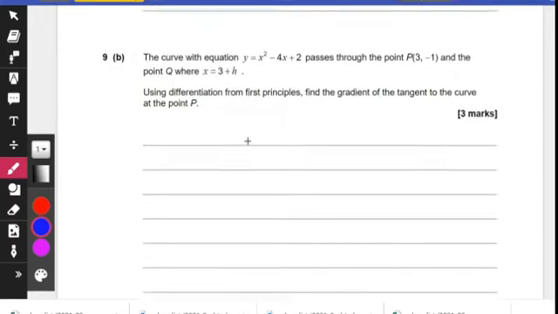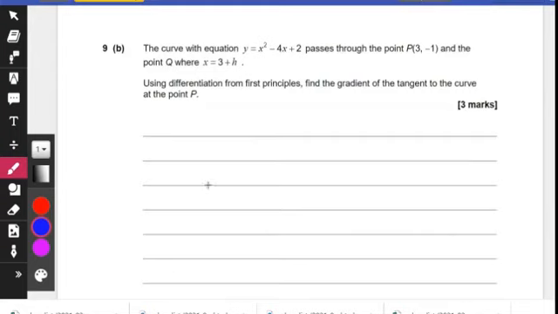Okay, 9b. The curve of equation y = x^2 - 4x + 2 passes through the points P(3, -1) and the point Q, where x equals 3 + h. We want to use differentiation from first principles to find the gradient of the curve at point P. So imagine you've got your curve and one point, which is (3, -1).